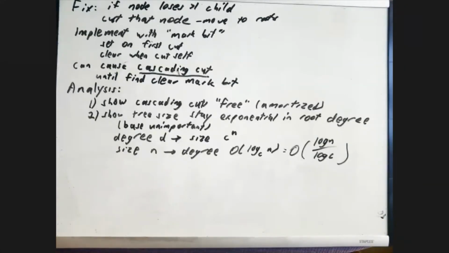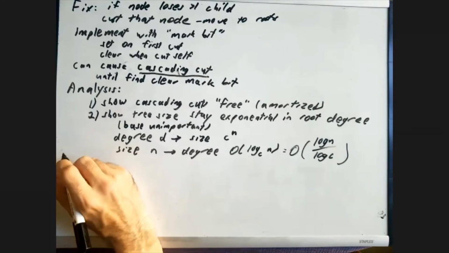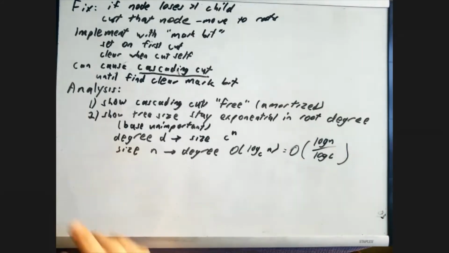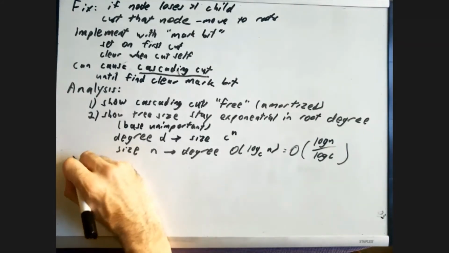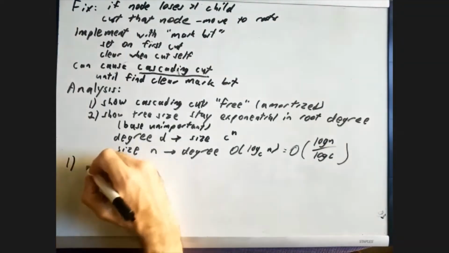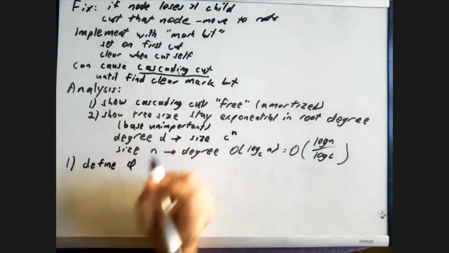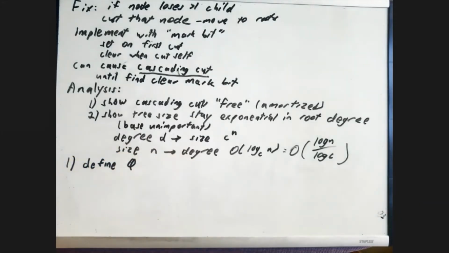All right. So let's look at step 1. I won't be able to fit it here, but I might as well start here. How do we show that the cascading cuts are free? Well, I'm going to define a potential function, right? And again, the idea of a potential function is that it measures the amount of deferred work or the complexity of your data structure.